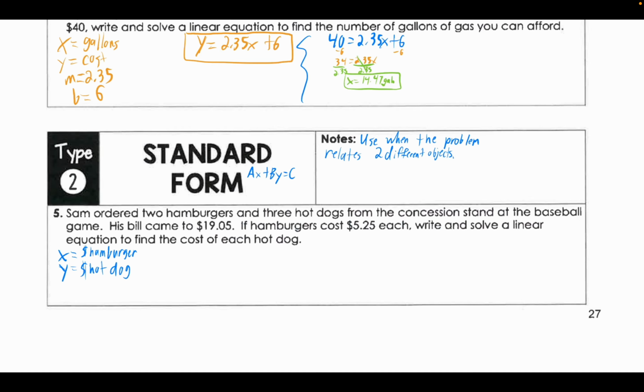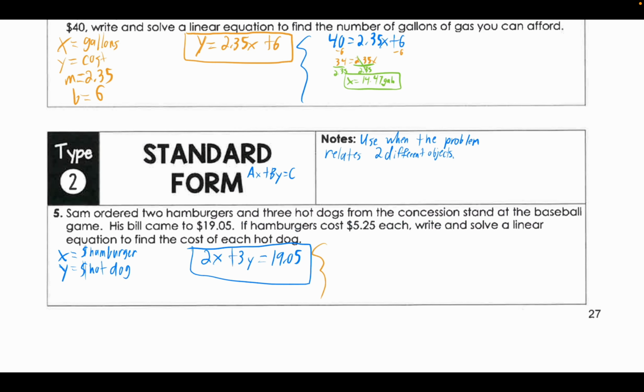And so our equation would be you bought 2 hamburgers, so 2 times x, plus 3 hot dogs that you bought, so 3 times the cost for a hot dog, equals $19.05 that the bill came to. And that'd be your original equation.